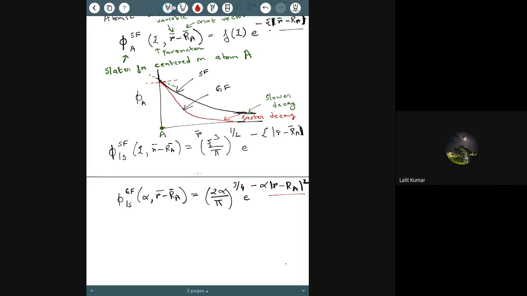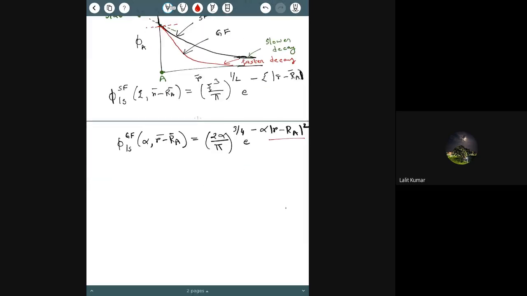But there is also, in particular for our Hartree-Fock calculations, an additional advantage. So what is the additional advantage?